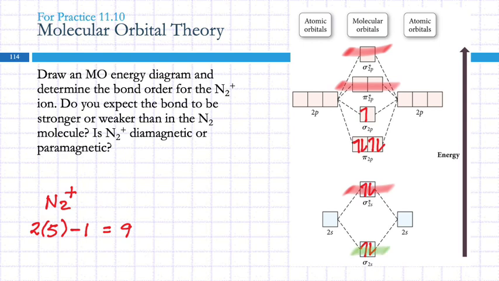And this is a bonding orbital, and these are bonding orbitals. So how many electrons are in bonding orbitals? There's 2, 4, 6, 7. And literally, we're just counting the arrows.